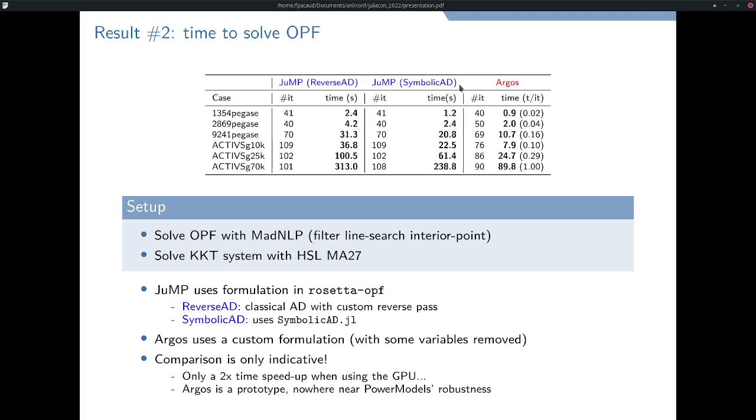To be honest, it's a bit deceptive, because we're using the GPU, and still we're not as fast as JuMP. I mean, we are just 2 times as fast as JuMP. So it's not a great speedup. But Argos is just a prototype, and it's also nowhere near PowerModels' robustness, because PowerModels is a very well-tested package, whereas Argos is right now still a prototype.